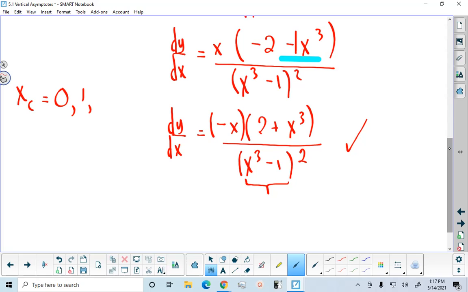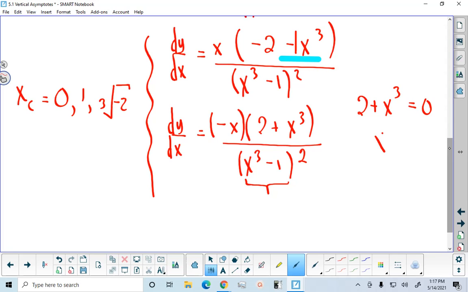And then we also have the cube root of negative 2. Because when I take a look at that factor of 2 plus x cubed, it can be equal to 0 if x cubed is negative 2, which means x is the cube root of negative 2. So we have 3 critical values of x.